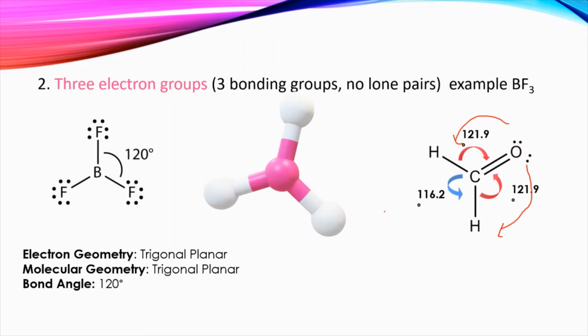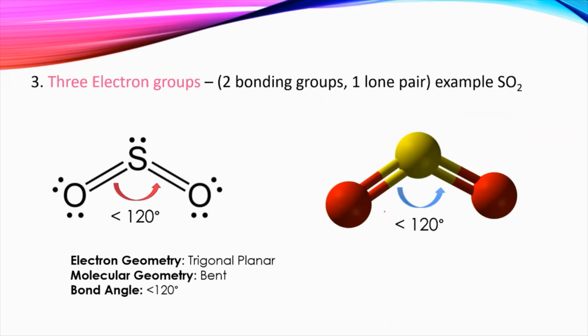All right, so the next shape is going to be where you have 3 electron groups, just like before, but 2 of them are bonding groups and 1 of the electron groups is now a lone pair. So here is an example, sulfur dioxide, and in this particular case, the electron geometry is still trigonal planar because of the fact that it has 3 electron groups, but the molecular geometry is now bent.